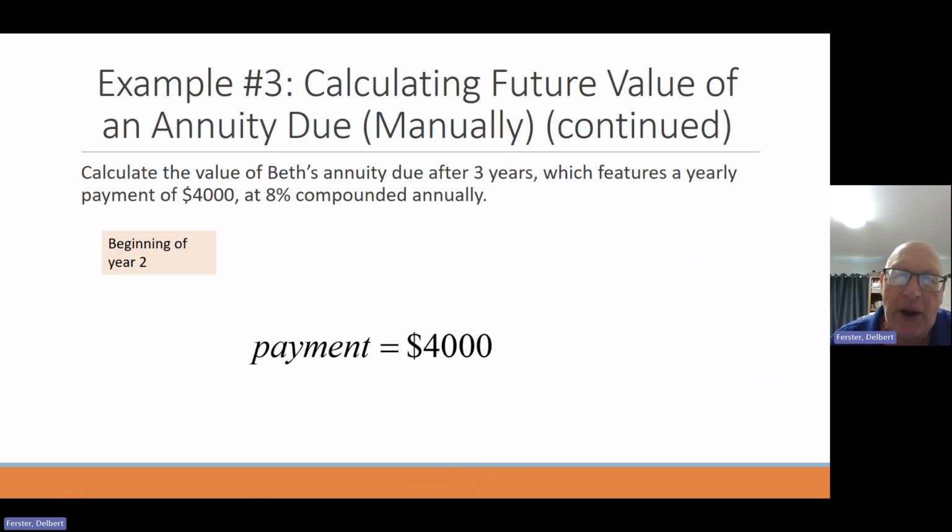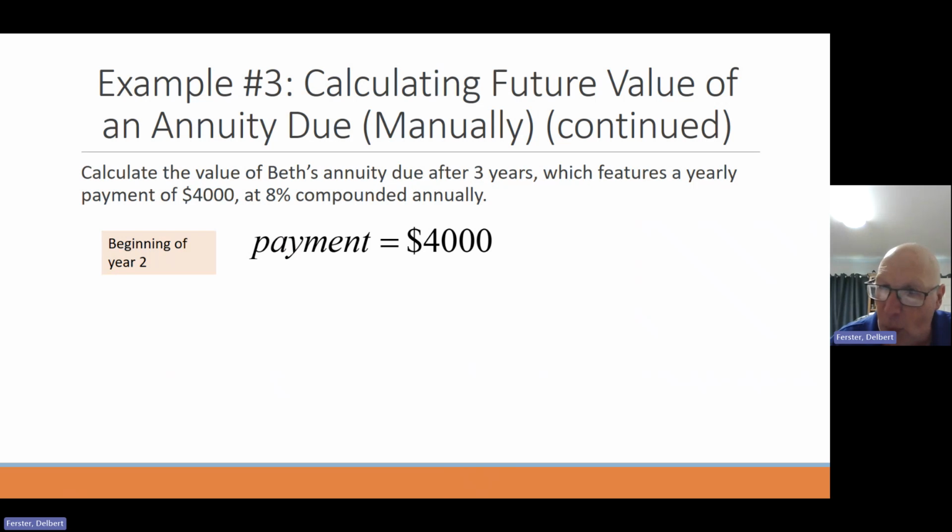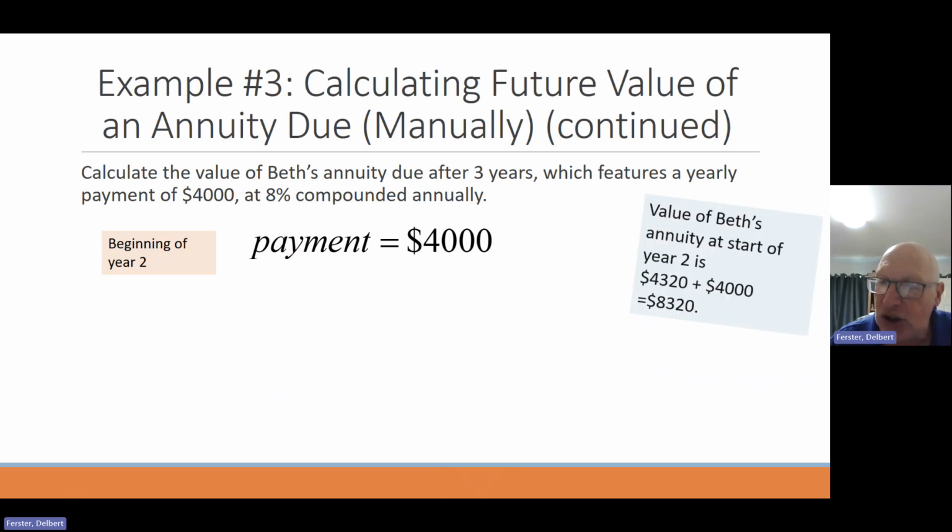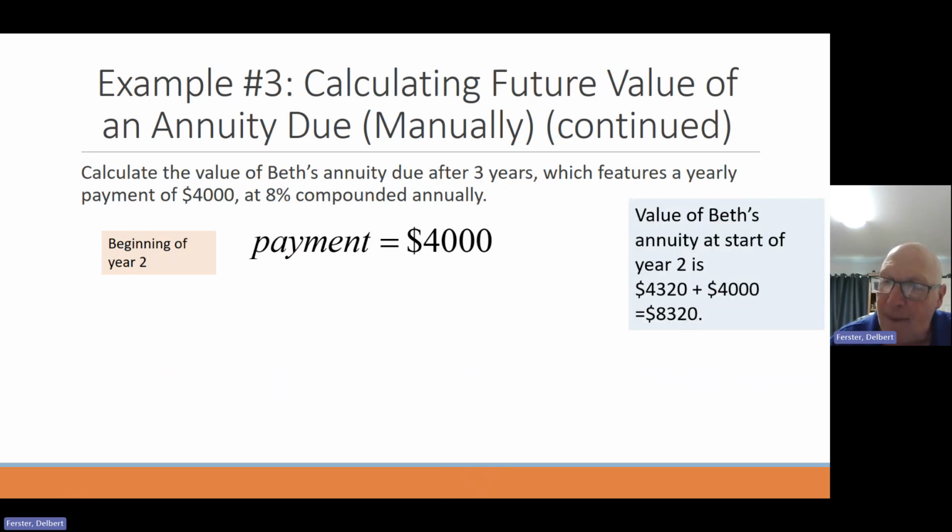Oh no, here comes her payment on year 2 of $4,000, and that's going to change her balance for year 2. It's going to take that $4,320 that we just had on the last slide, and add the $4,000. That's her payment for year 2. So for year 2, her balance is $8,320, and that's what she earns interest on for the entirety of year 2.